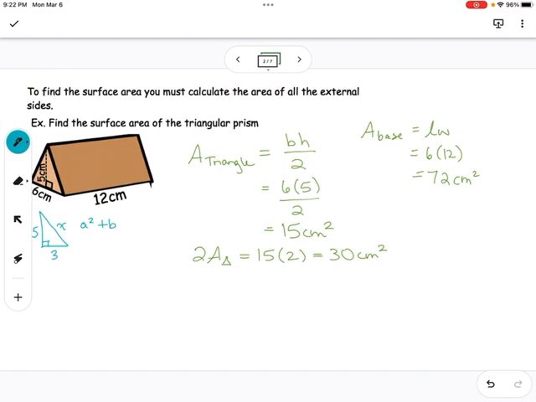So a squared plus b squared equals c squared. That's 5 squared plus 3 squared equals x squared. 25 plus 9 equals x squared. So that's 34 equals x squared. Getting the x by itself, we bring the squared over, it becomes a square root. So the square root of 34 is 5.8 centimeters.